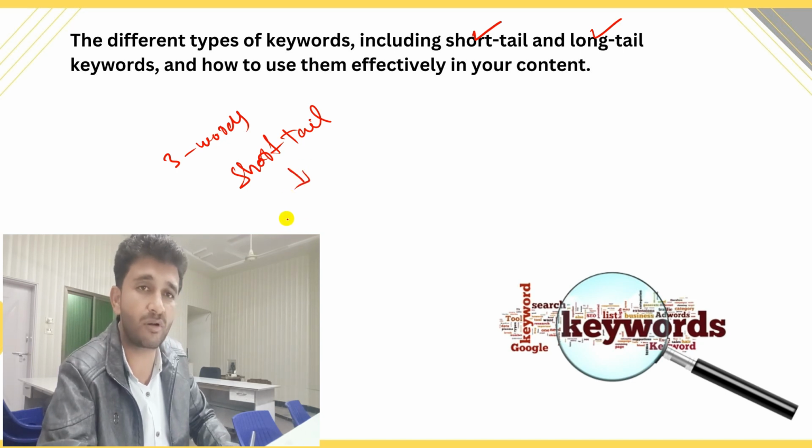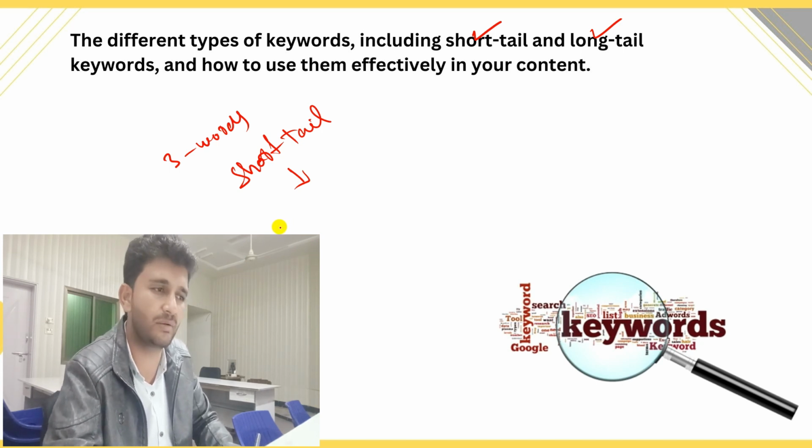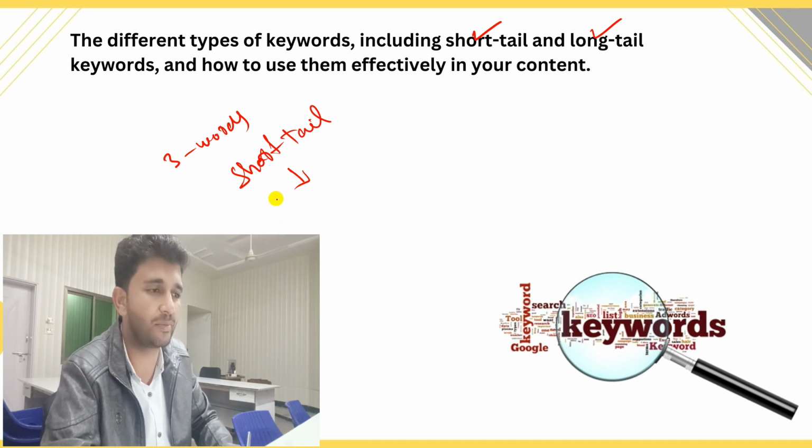People don't want to write long queries unless they have an information related query. If they have some numerical in mathematics or chemistry or physics, basically educational and informational content covers the long tail queries. But short tail queries, up to 3 words, are of high volume as well.